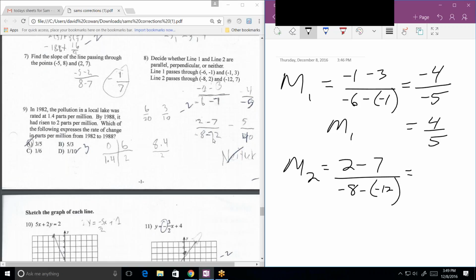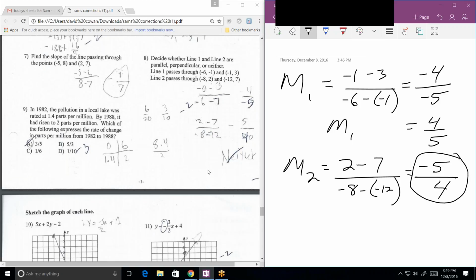Everybody has a tendency to do it, particularly when you have two of them together like this. You really wanted to do -8 minus a minus 12, but what you wrote was -8 minus 12. Well, that's not going to give you the same answer. That's -5 there, but it's +4 there. So that's the slope of line 2.